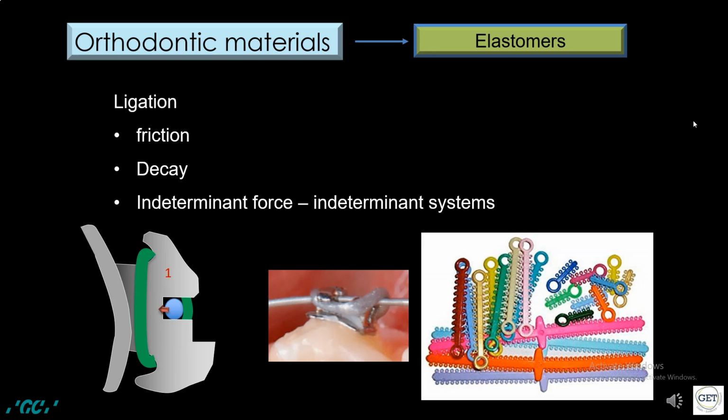In a few days, the elasticity of the module decreases due to its decay, and the wire position in the bracket slot is not secured anymore, and the friction changes as well.